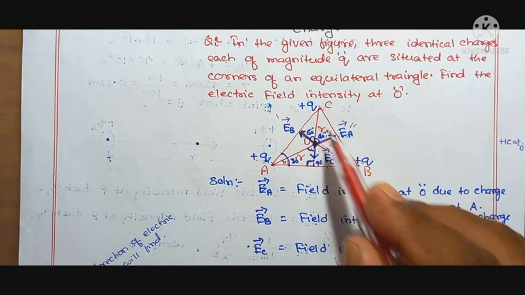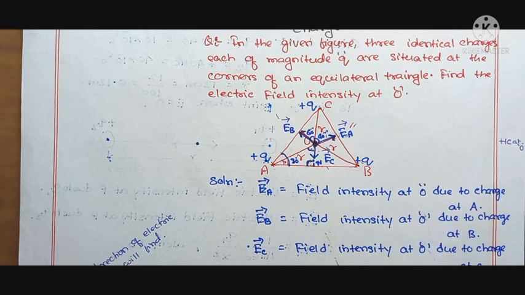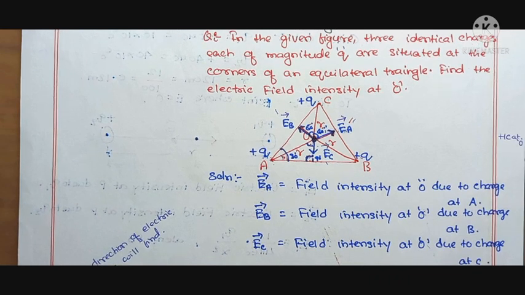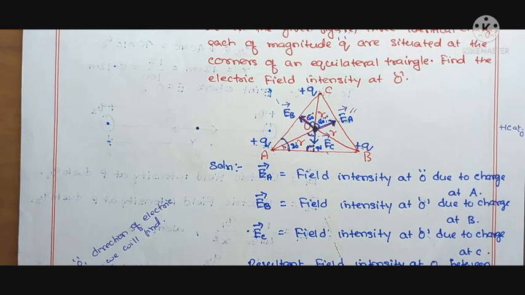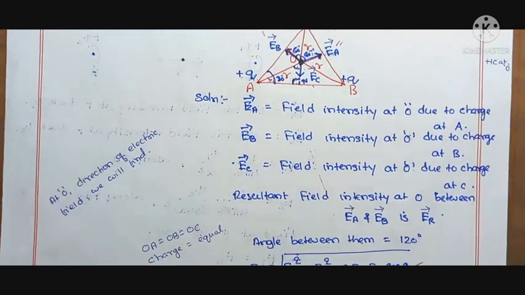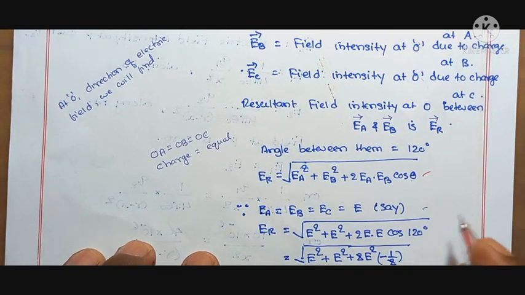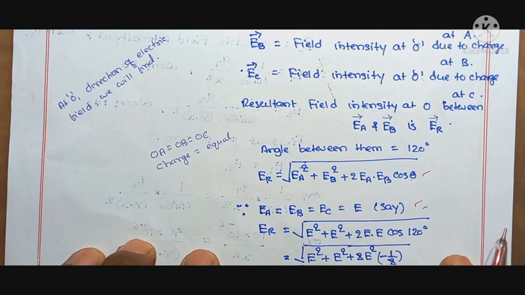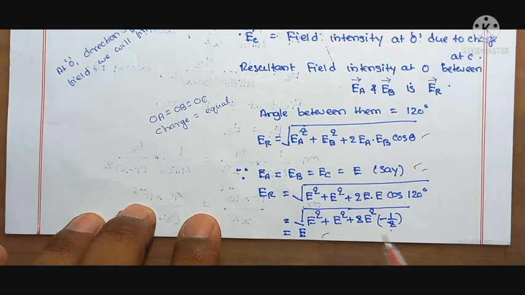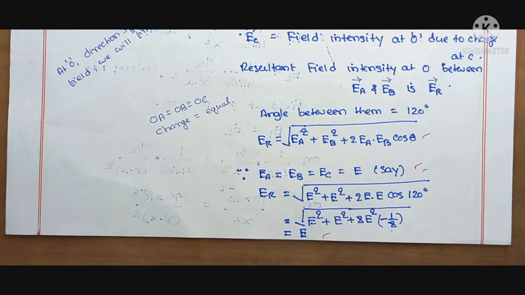So ER, the resultant electric field intensity between EA and EB, is equal to the square root of EA square plus EB square plus 2 EA EB cos theta. But EA is equal to EB is equal to EC, and say it is E. So putting these values, we will get E, because cos 120 degrees is minus 1 by 2.